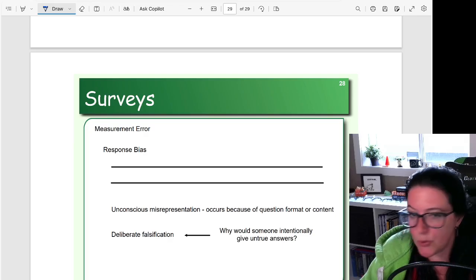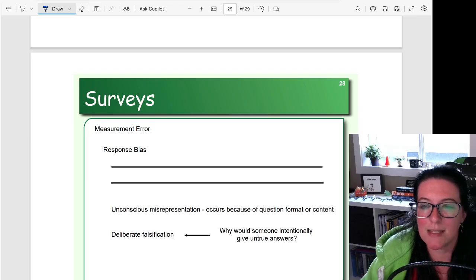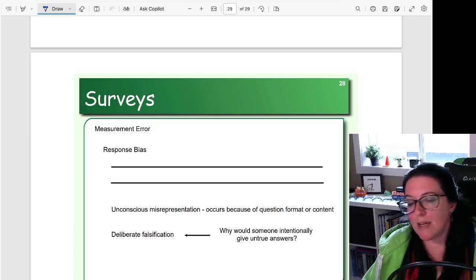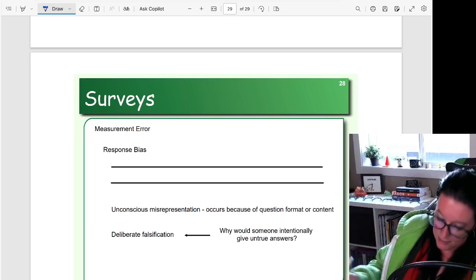Which brings us to what if they do respond, but there is bias in the response? So the last type of measurement error we want to look at here is response bias.